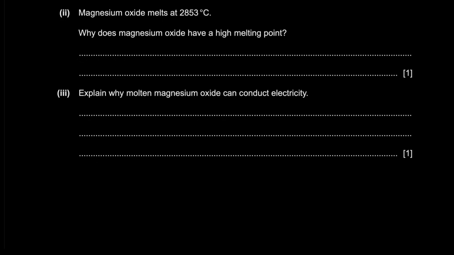Here we go. Magnesium oxide melts at a very high temperature. We can see it's pretty high, which is interesting because you should know magnesium oxide is used to line the inside of kilns and furnaces because it has a very high melting point. Why does magnesium oxide have a very high melting point?